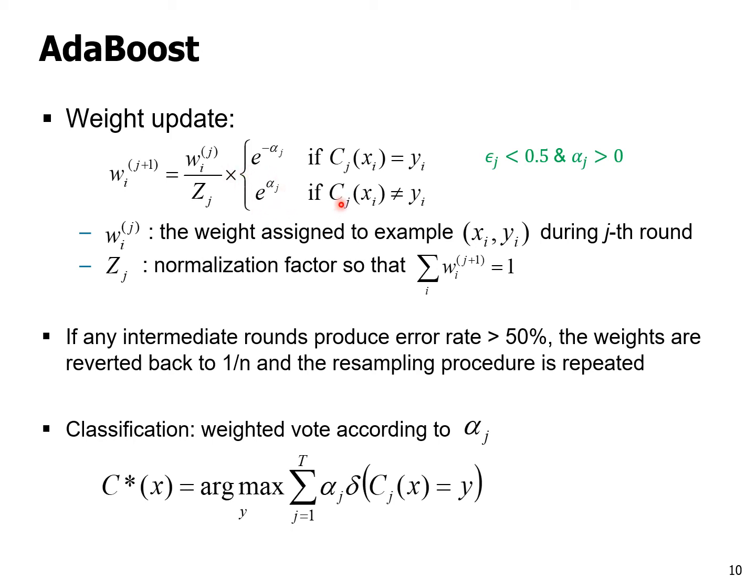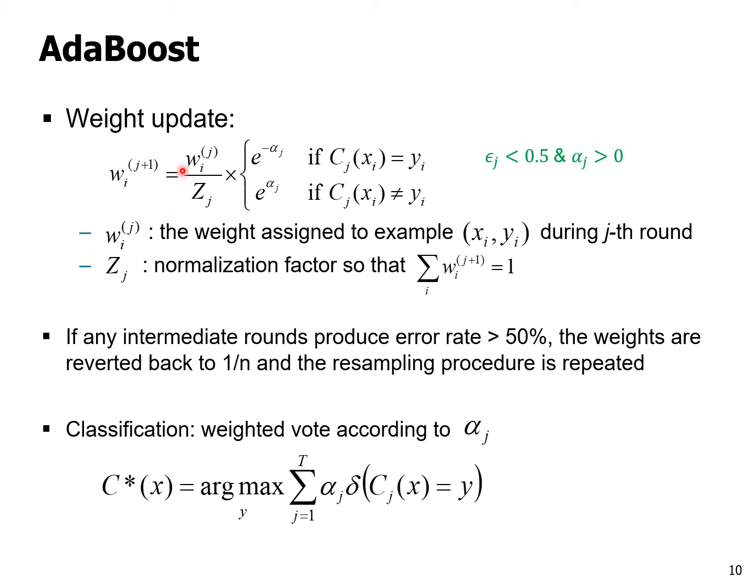That means in this case we increase the value, right? So that's how it works. If there is no error, we decrease the current value. If there is an error, we increase this value. That's the way we update the weight values of data in AdaBoost.